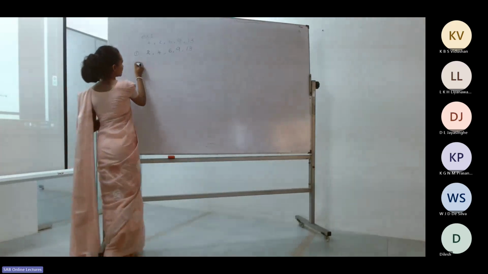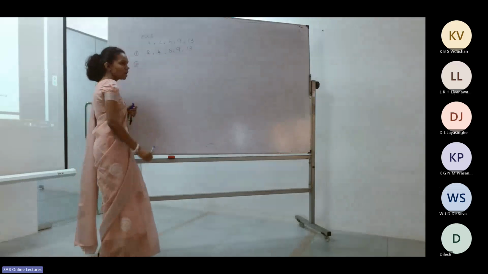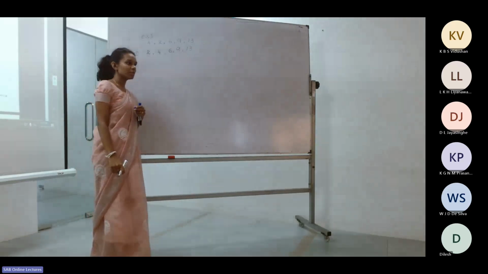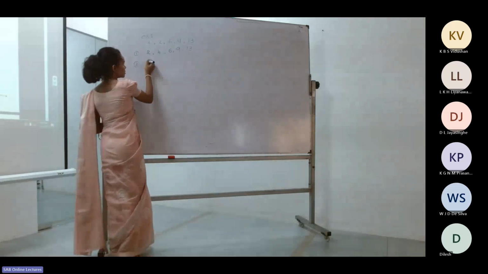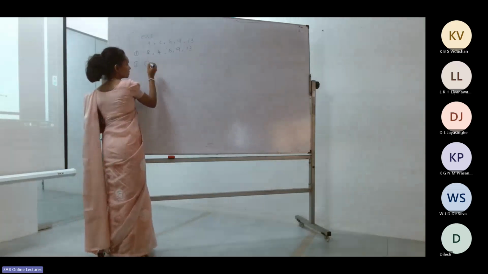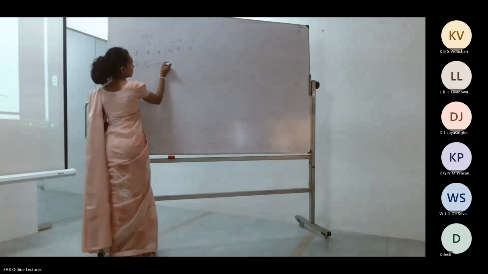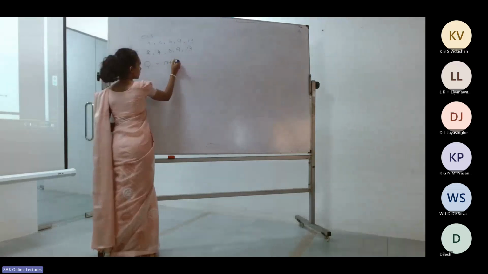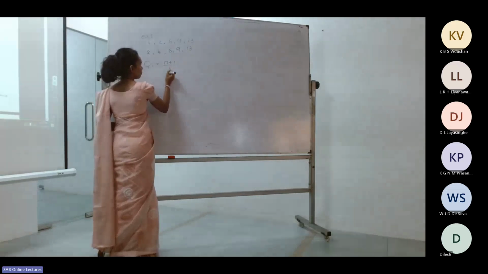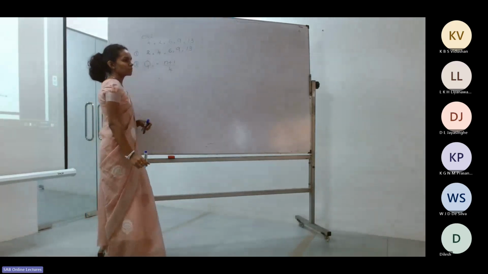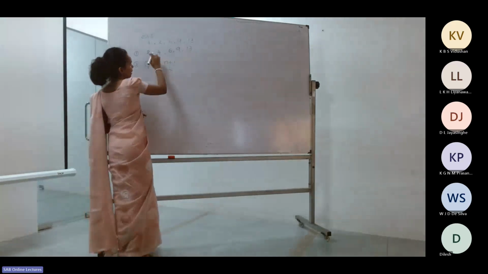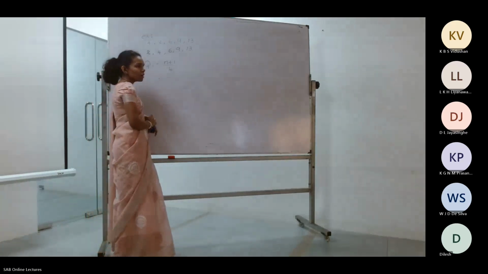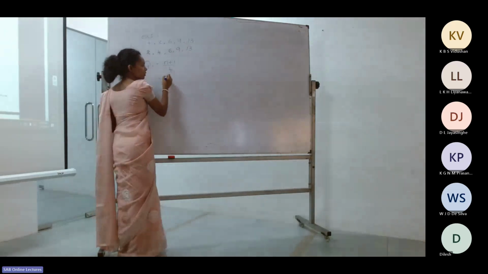After that, we apply the formula to find which term is Q1, Q2 and Q3. First we find Q1: (n + 1) divided by 4. If you multiply by 1, we get the same answer. How many values are there? 5, so n equals 5.